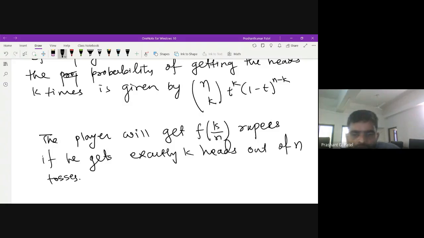So out of n tosses he will get exactly k heads, and this much rupees he has to be assigned.